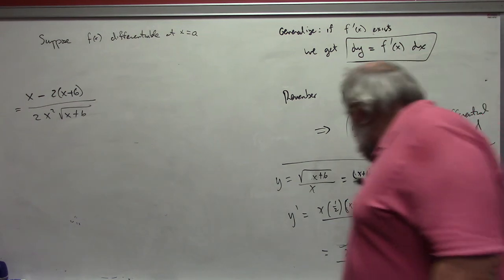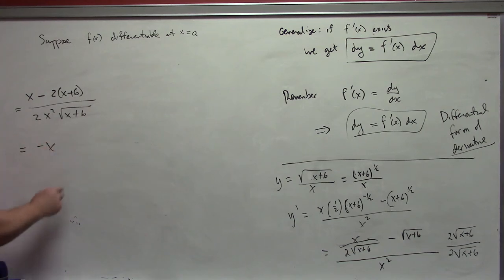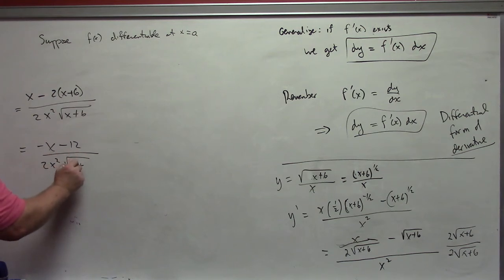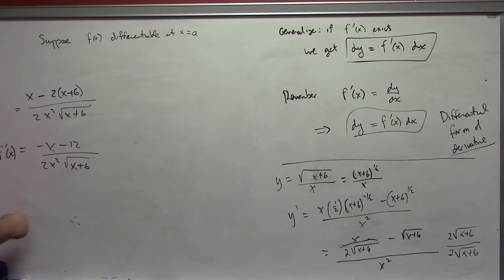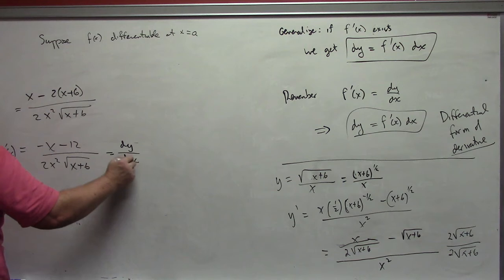And so this then becomes negative x minus 12 over 2x squared square root of x plus 6. Now this is my derivative, or again in the other notation, dy dx.